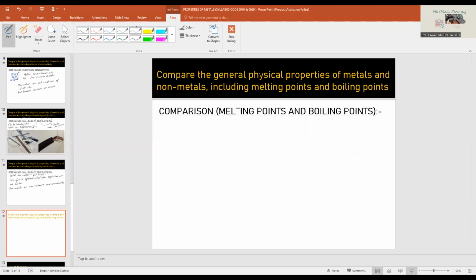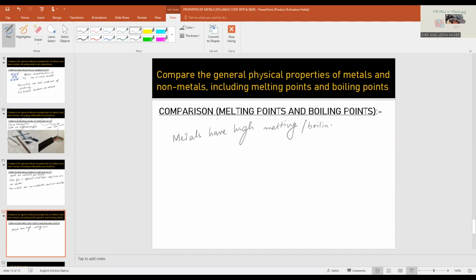Now, I've already explained this. Metals have high melting points and high boiling points. This is due to strong electrostatic force, strong bonding. Because of the strong force, a high amount of energy is required to break down the force.